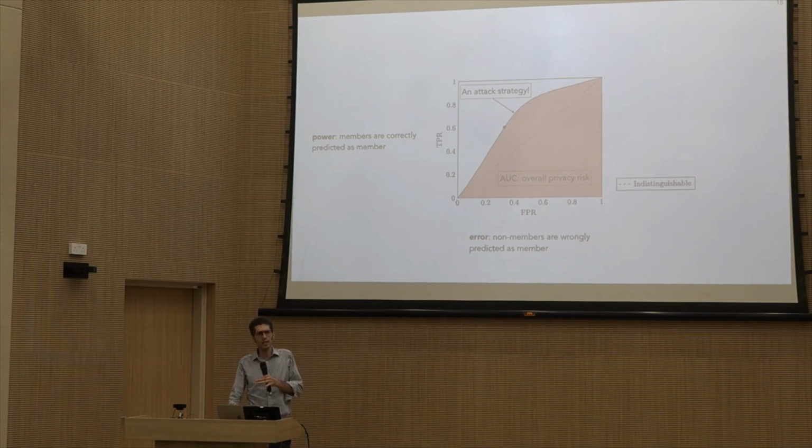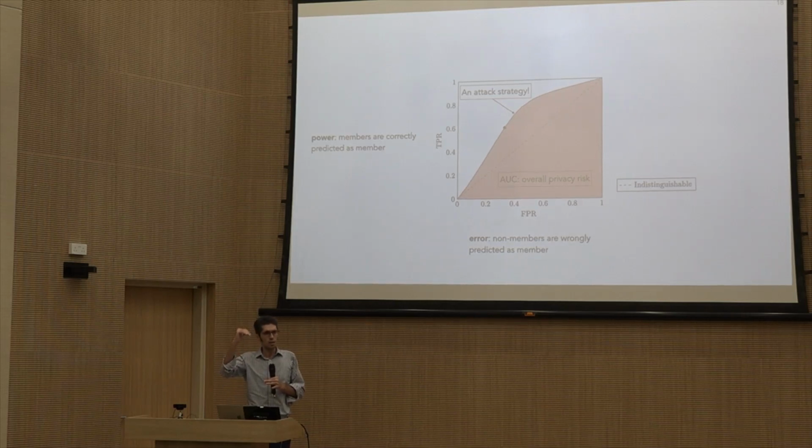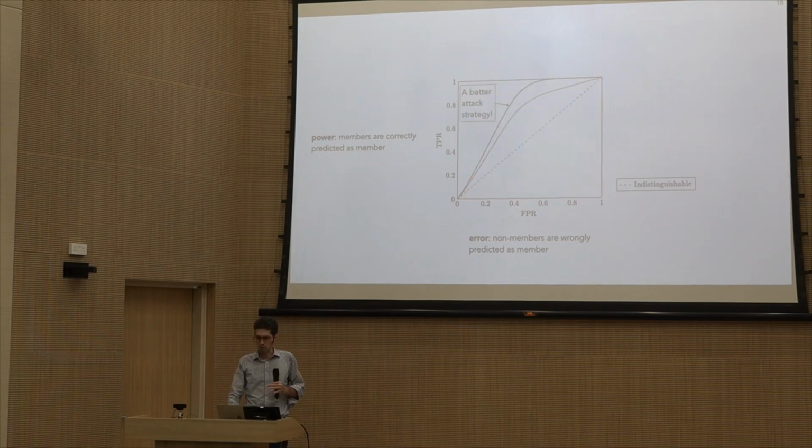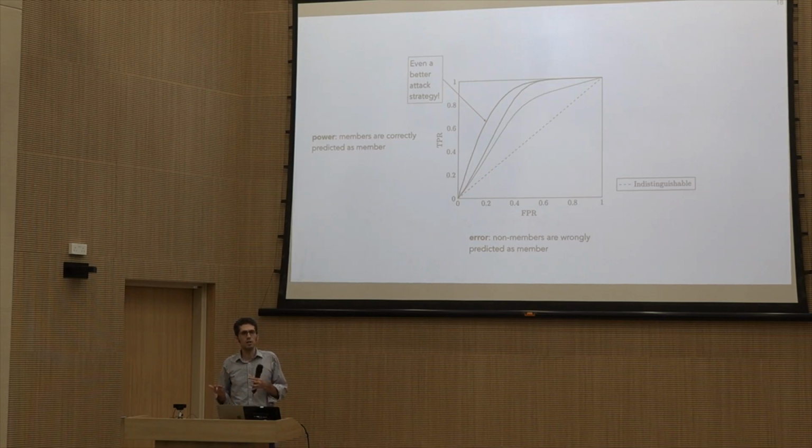And in our case, what we want is to design stronger attacks so that we are not underestimating the risk of an algorithm. So we want a better and better attack strategy. This is where the research is, on how to design attacks which are stronger and stronger in order to be able to measure leakage.